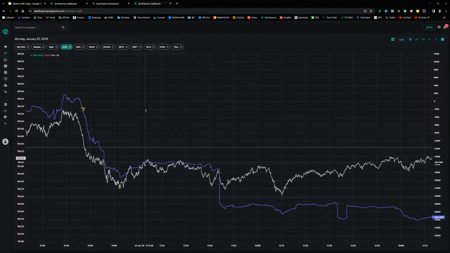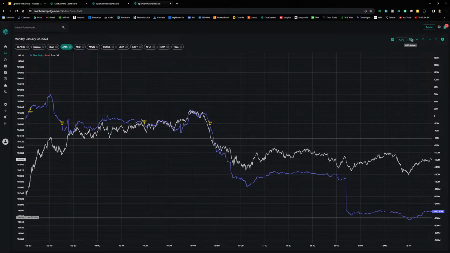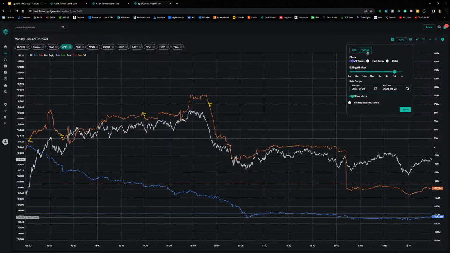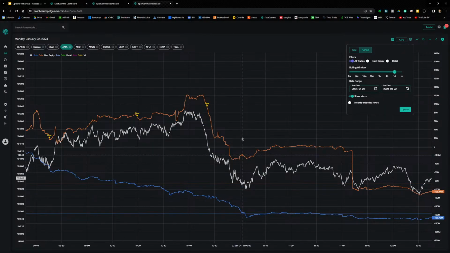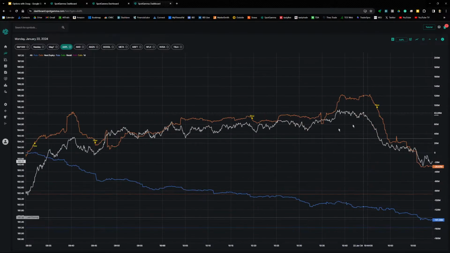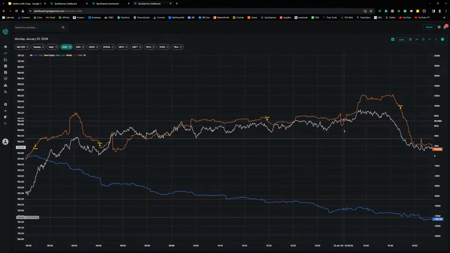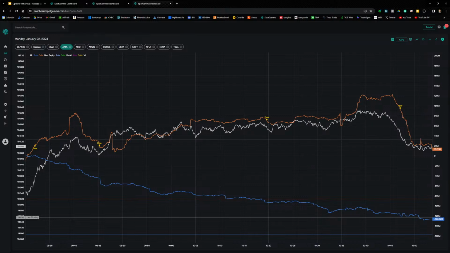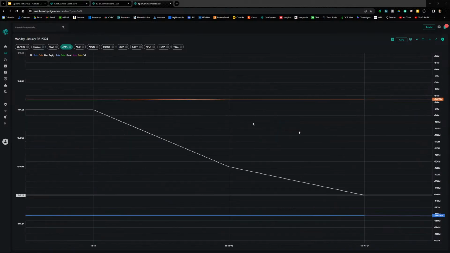And I'm going to zoom in on this and then separate out puts and calls. And we'll just go to the morning. So the orange line, sorry about that.